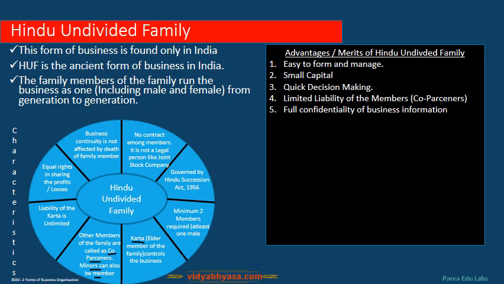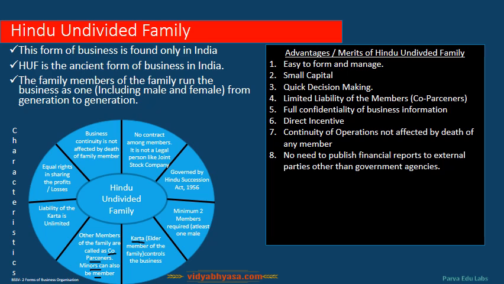Full confidentiality of business information, because it is one family which manages the business, so the entire information is kept confidential to the business or family itself. Direct incentive: whatever profit is earned will be shared among the family members only, so it is a direct incentive to all the family members.